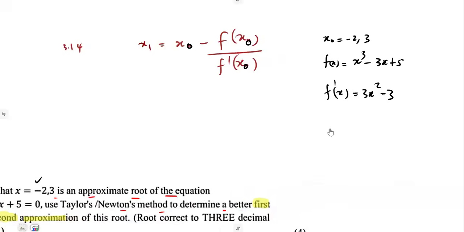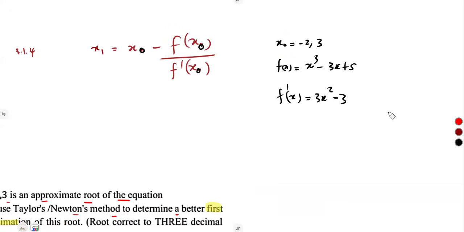At x is equal to minus 2.3, our x naught, you have to substitute in f of x. So f of minus 2.3, in place of x, is going to give us something like minus 0.267 to 3 decimal places.